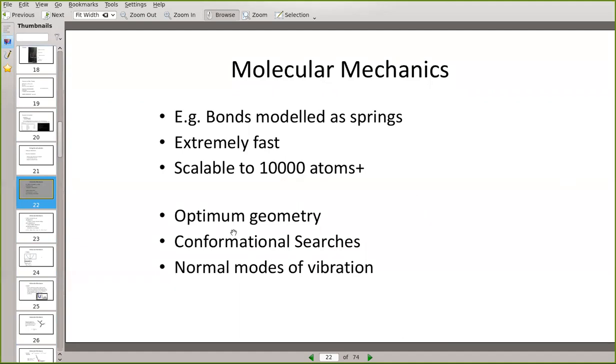So if you want to know anything about electrons in your molecule, we can't use molecular mechanics. But if we're talking about geometry, if we're talking about conformation, molecular mechanics can do it, because all it needs to know is the distance between the atoms or the relative geometry of the atoms, and then it will provide you an energy related to that particular geometry of your molecule.